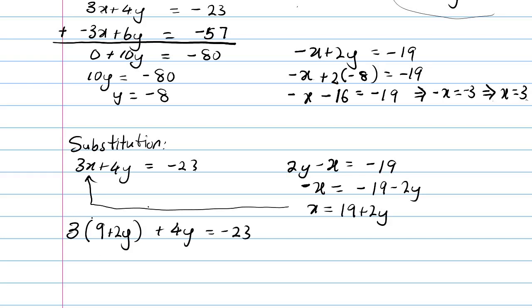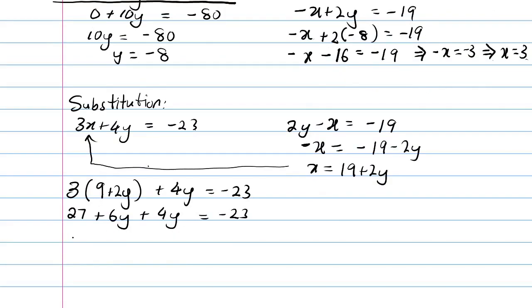Now we distribute. 3 times 19 is 57, 3 times 2y is 6y. So what do we have? We have 57 plus 10y equals negative 23. Now we just subtract both sides by 57.